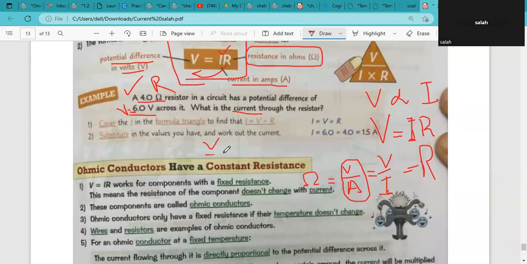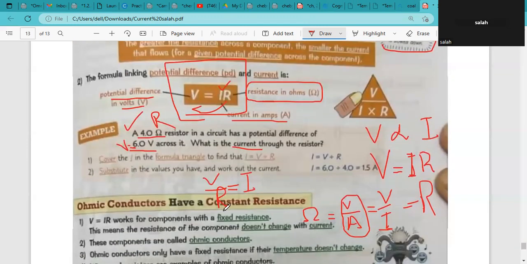Isn't it? Like this. Because they ask current, they can ask any one quantity by providing the other two quantities. We need to switch it.